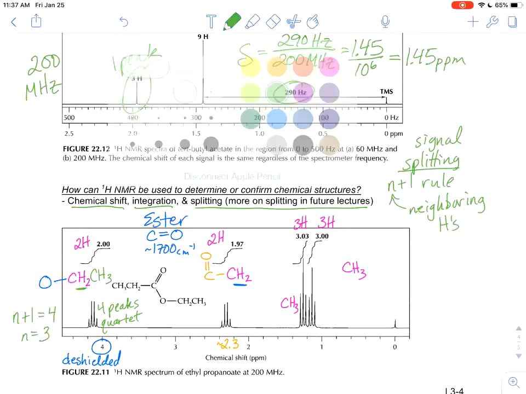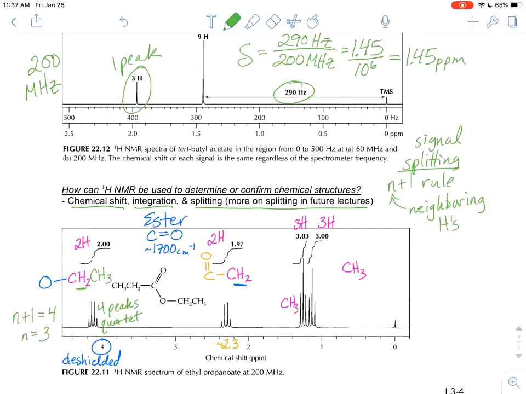All right, so now we can play with the splitting. We see that this is a quartet, which means it is split by 3 hydrogens. We have a CH3 group next door. So look at that, we've identified this CH2 group right there.